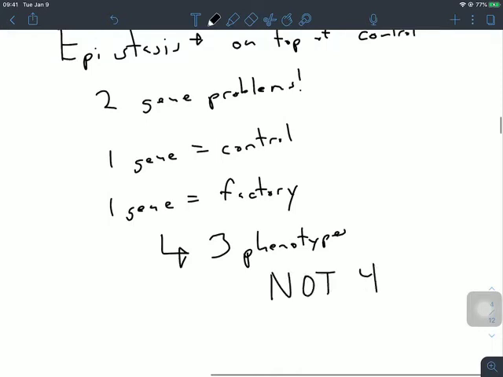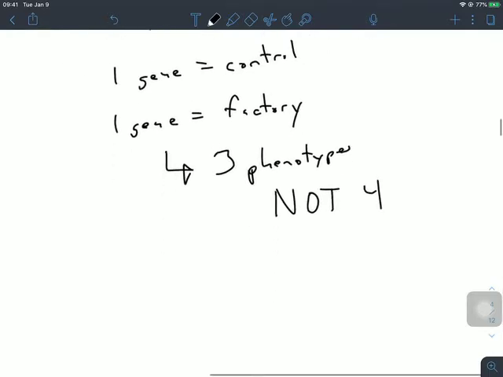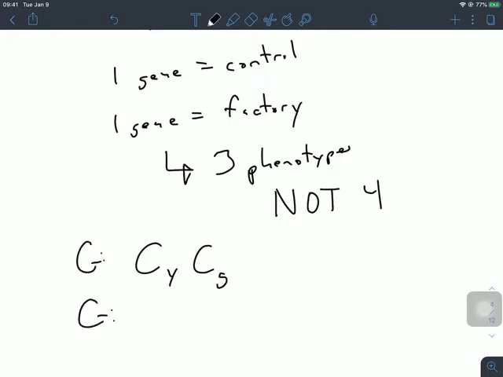Because you remember in our dihybrid crosses of pea plants, you might have crossed pea color that was either yellow or pea color that was green for your first gene. And then at your second gene, you might have had flower color that was violet or flower color that was white.